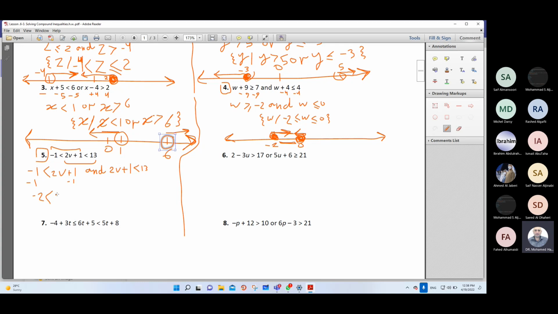And here 2v plus 1 minus 1 will be 0. How to remove 2 from this side? You can divide the two sides by the coefficient, 2. So negative 2 divided by 2 will be negative 1, less than 2v divided by 2 will be v.